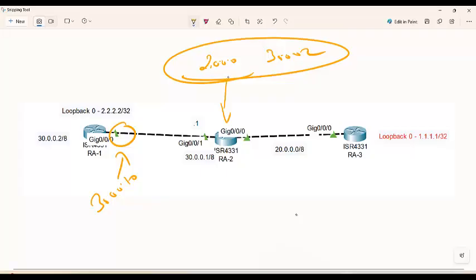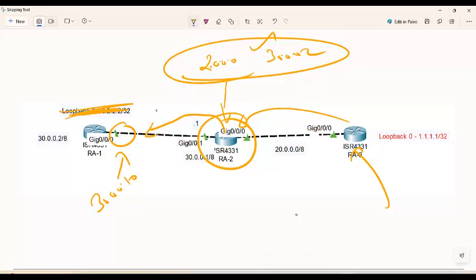Another problem is, what if this loopback is removed? This static route will still be there in this router. And if anyone is trying to ping 2.2.2.2, the traffic will come here and this guy will send it here thinking that it is still available, but it is no more available. It's gone.